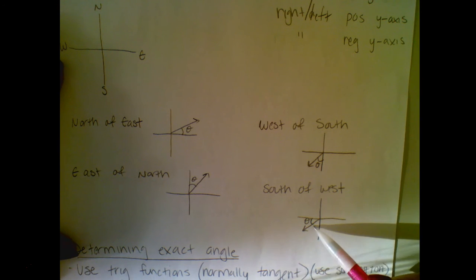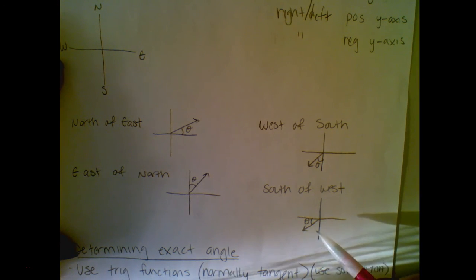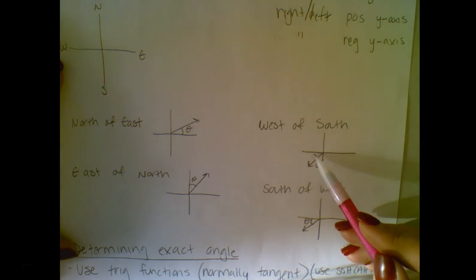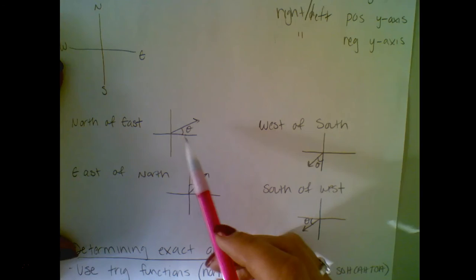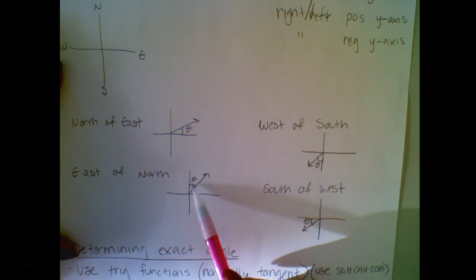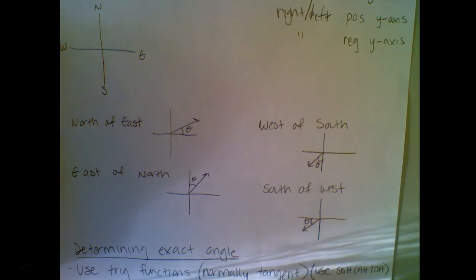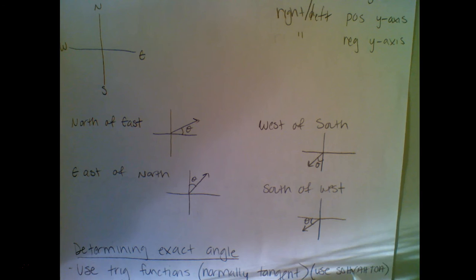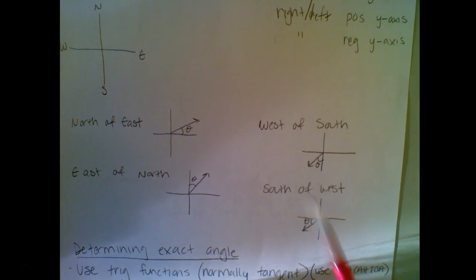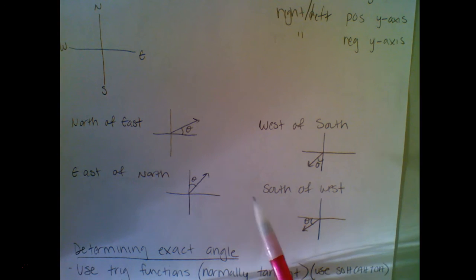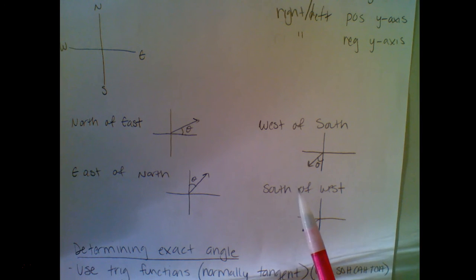It's really important that you don't just give me the angle, because then I don't know if you're talking about this angle or if you're talking about this angle. Same thing in this case. Is it this angle or is it this angle? So make sure that you tell me which angle you're using, west of south, south of west, however you need to specify it. Obviously there's also east of south and all kinds of other ones. So these are just a few examples, but make sure that you're giving me the right order of the directions.